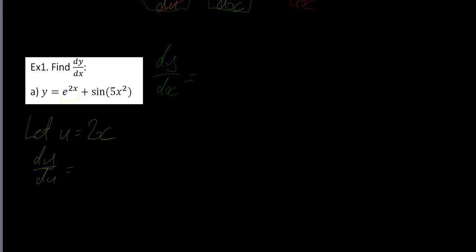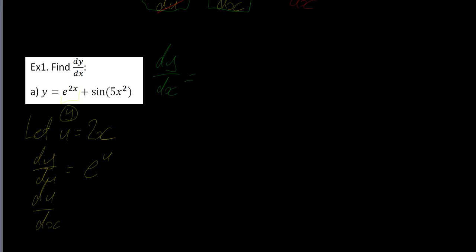So if we treat all of this as just the little y term for now, we say that dy du, well, the derivative of e to the power of u is actually just e to the power of u. And remember that we need du dx as well, and we're going to multiply this by dy du.